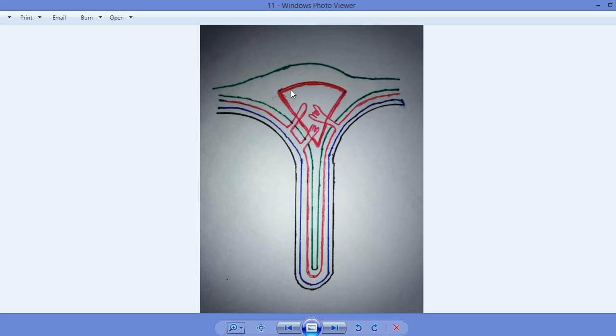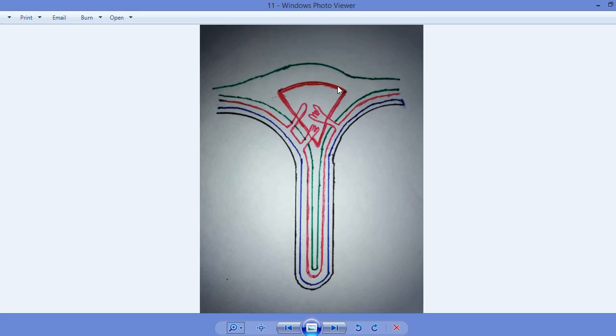But over here, in between these two halves, in between the dura mater, you can see the red color. This is called the superior sagittal sinus. This superior sagittal sinus is for venous drainage, for the drainage of blood to the venous system.